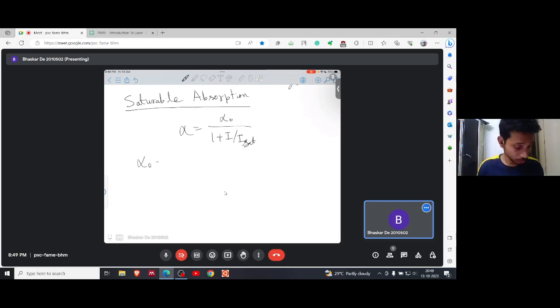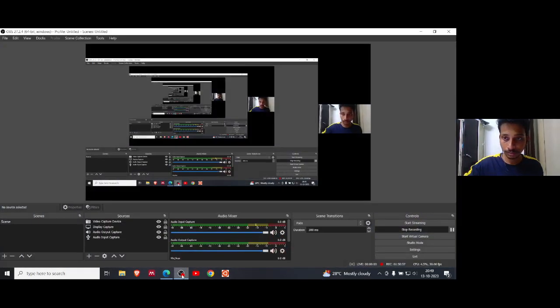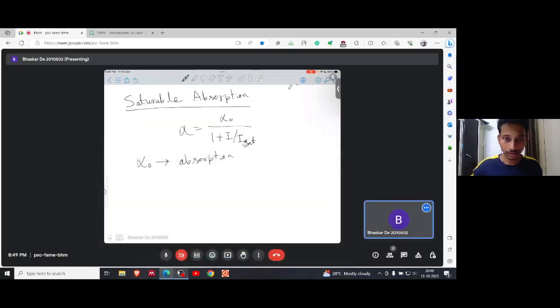Here alpha naught is the absorption coefficient.